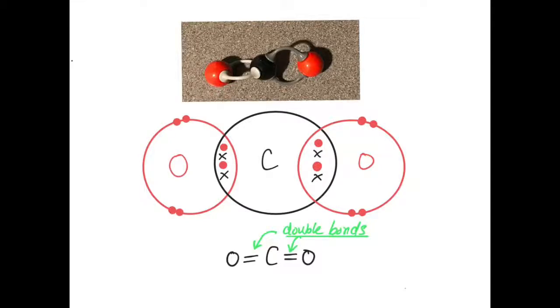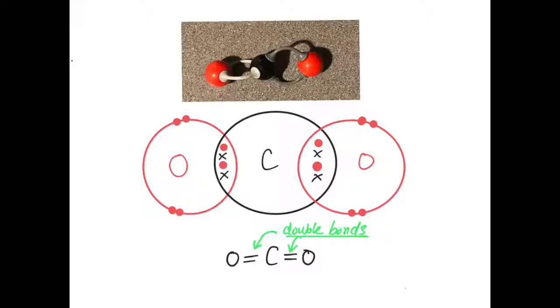So if you look at the molecular model, there are 2 sticks between each carbon and each oxygen. And this is called a double bond. Remember, a single bond is a shared pair of electrons. So if there are 2 shared pairs of electrons, that's a double bond.